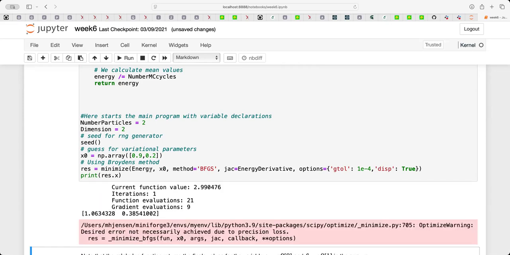So if you want to find the minimum of f of x equal x squared plus 10x, then you have to have a function for the derivative and a function for the function itself. And these x's are just your initial guesses. Yeah, in 2 dimensions, then it's just a vector with 2 entries. So if you have 100 parameters, then this would just be a vector of length 100.